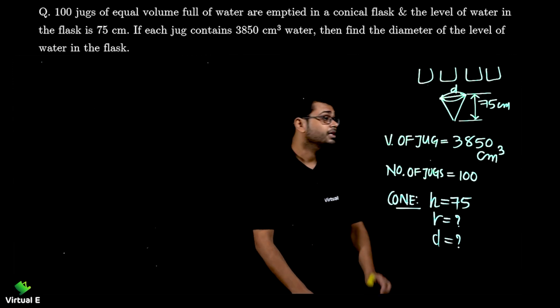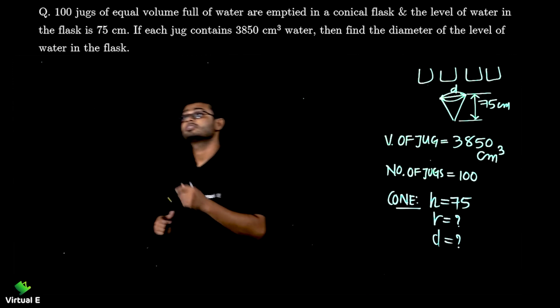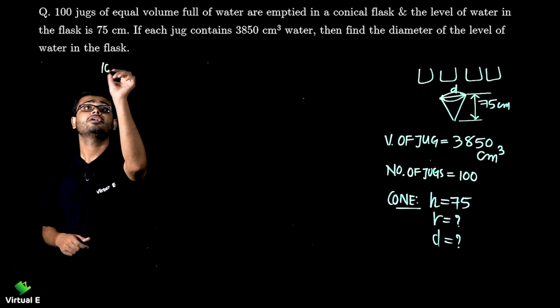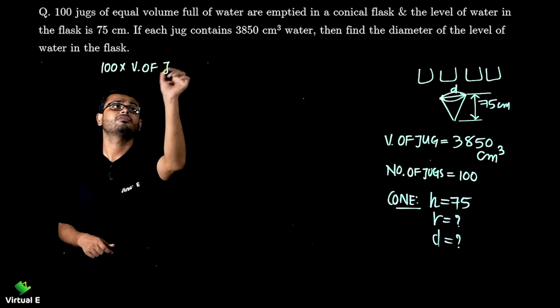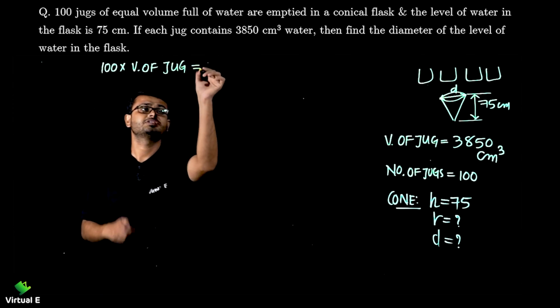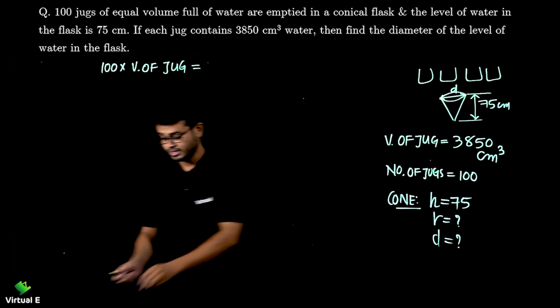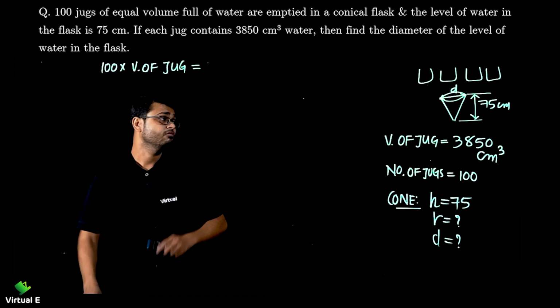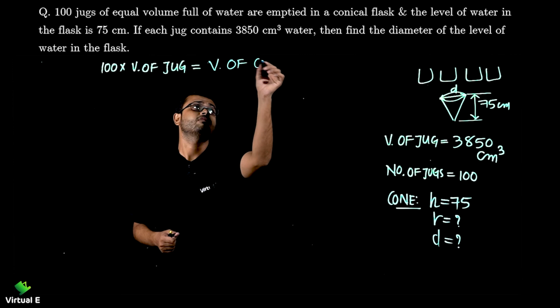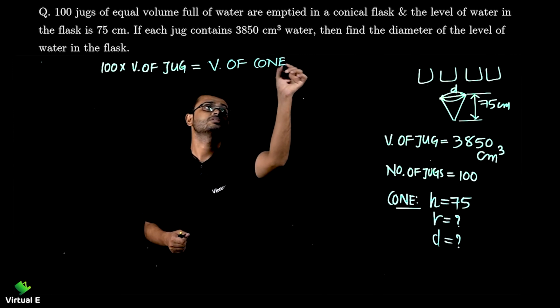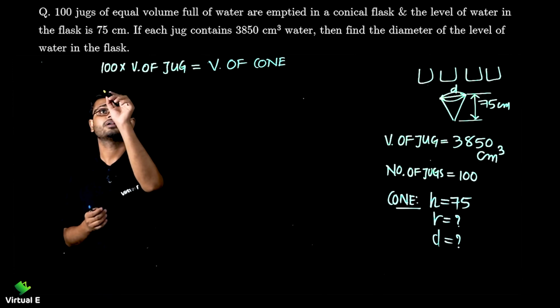Let's start with the jugs first of all. So I can write 100 multiplied by the volume of a jug is equal to, see carefully, what I will be writing? The volume of the cone. Simple. Let's start. 100.